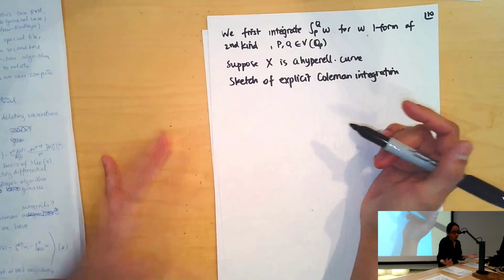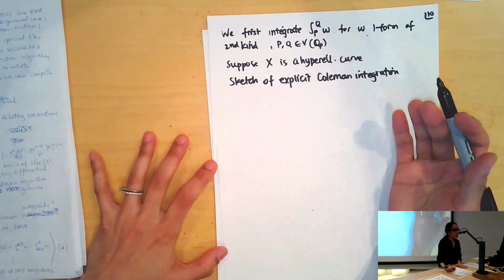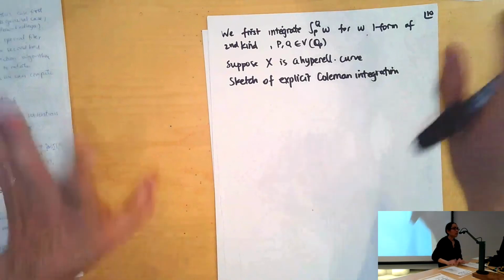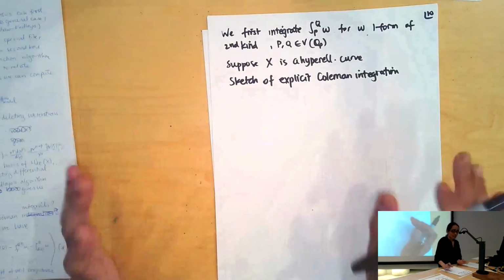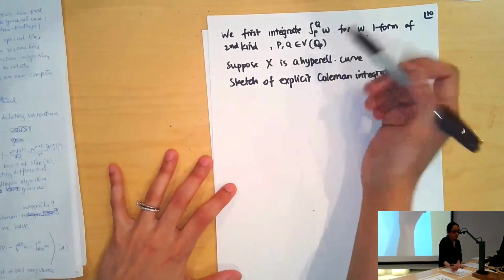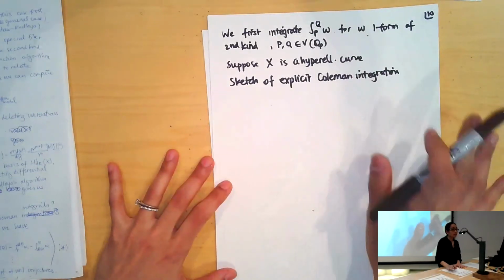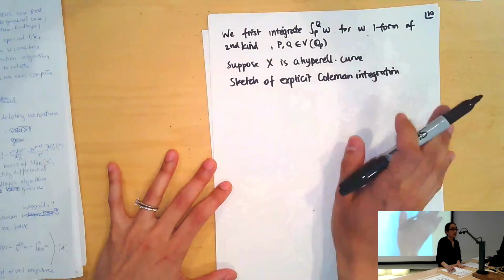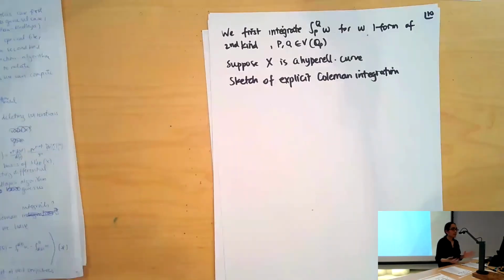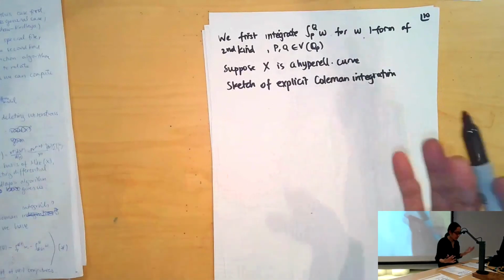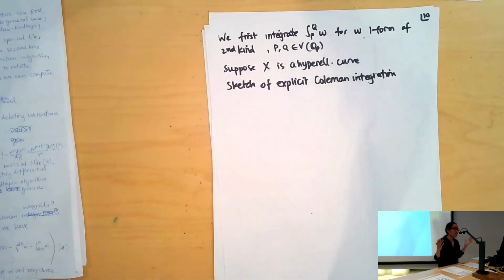And you might have to make sense of what this integral means with the tangential base point, but we'll hide some of these issues for now. Tomorrow we'll talk about integrating differentials of the third kind, which come up in p-adic heights. When we have simple poles, we'll have to take a different strategy. But in the case of hyperelliptic curves, we will really just integrate things that look like x to the i dx over y, and those things at most have a pole at infinity.